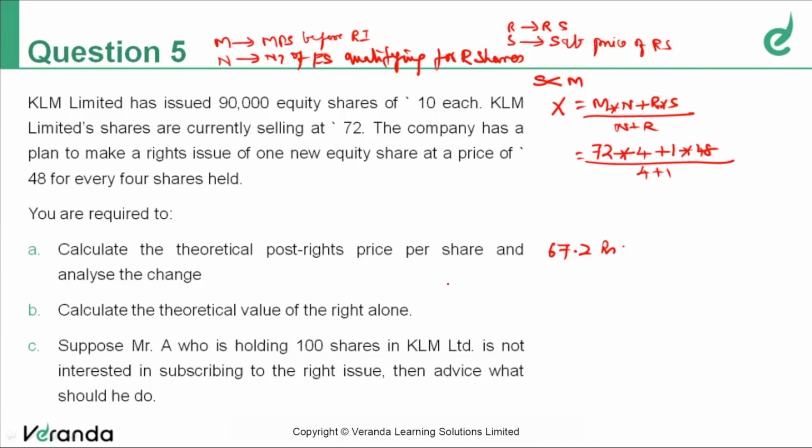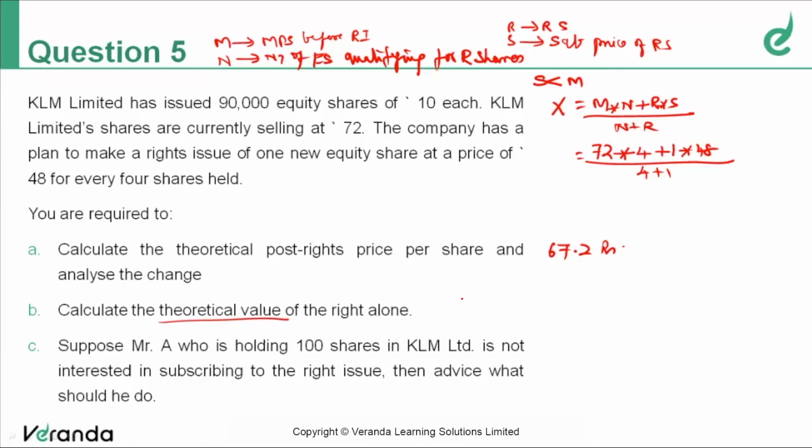Therefore, they will normally sell the rights in case they don't have liquidity to buy additional shares. Let me repeat, when they don't have liquidity to buy the shares, they are expected to sell the rights. What is the theoretical value of the rights alone? That is, if they want to sell the rights, what is the price at which they can sell?